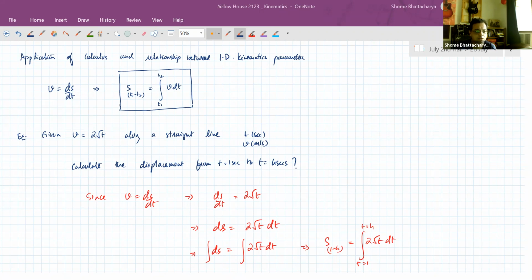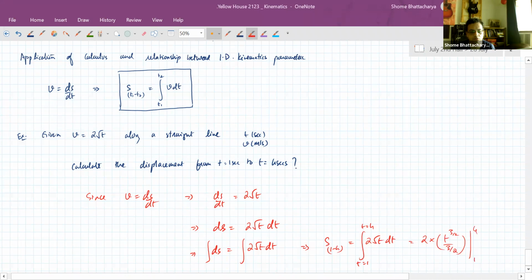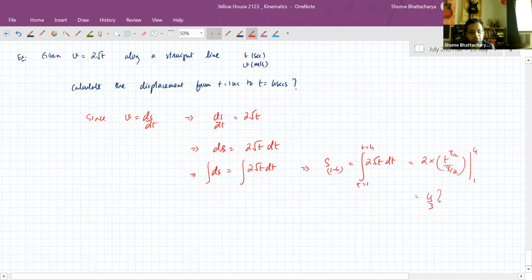Okay, very good. The answers you have sent are correct, people. So this will become 2 into t to the power 3 by 2, divided by 3 by 2. And on this, we'll put the limits from 1 to 4. So you can take the 4 by 3 common outside, and it is 4 to the power 3 by 2 minus 1 to the power 3 by 2.